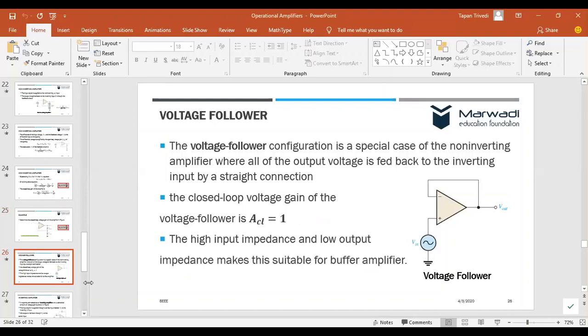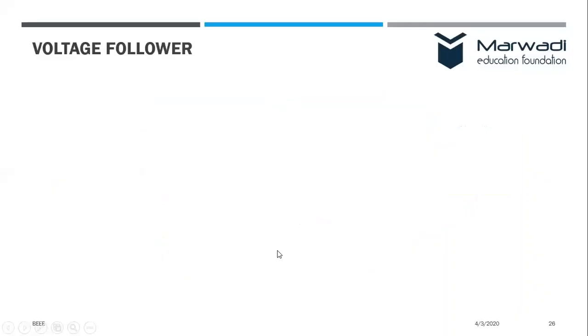Here, let us again discuss the modified form of the operational amplifier circuit, or the non-inverting circuit, and that is the voltage follower.